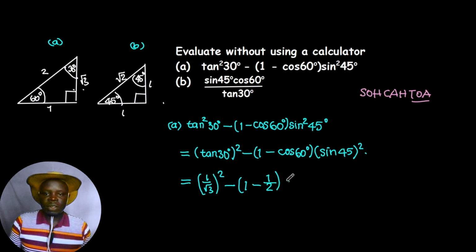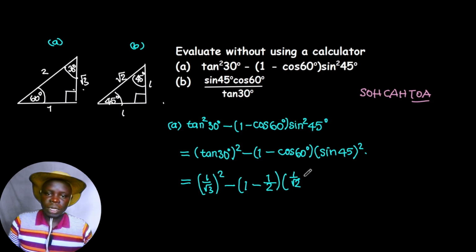So we move to the next one here, and that is sine of 45. So 45 is in the second triangle here. Sine is opposite over hypotenuse, where the opposite is 1 and the hypotenuse is root 2. So you have 1 over root 2, and this one is squared.